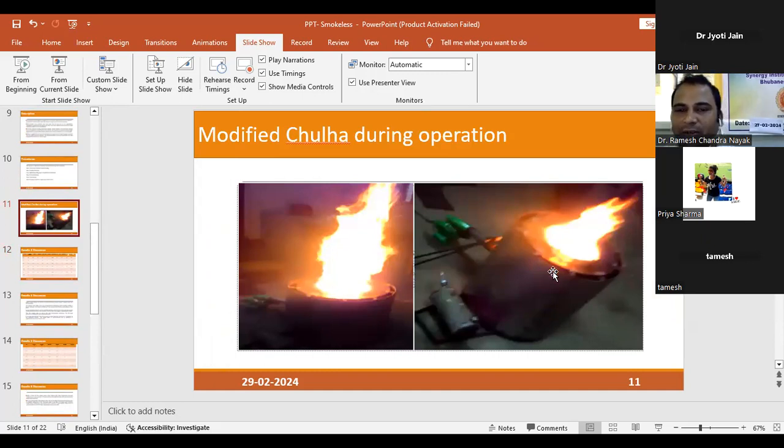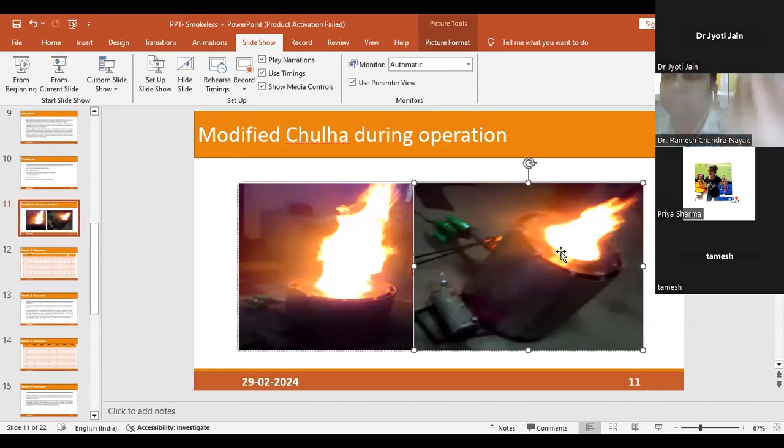Whatever the operation diagram is given here, this is for the community kitchen, where we can cook for more than 100 people, and we have a small size chula for household purpose. In both cases, the cost of our community kitchen chula is around 10 to 12,000, and the cost for household purpose is only around 5 to 6,000.